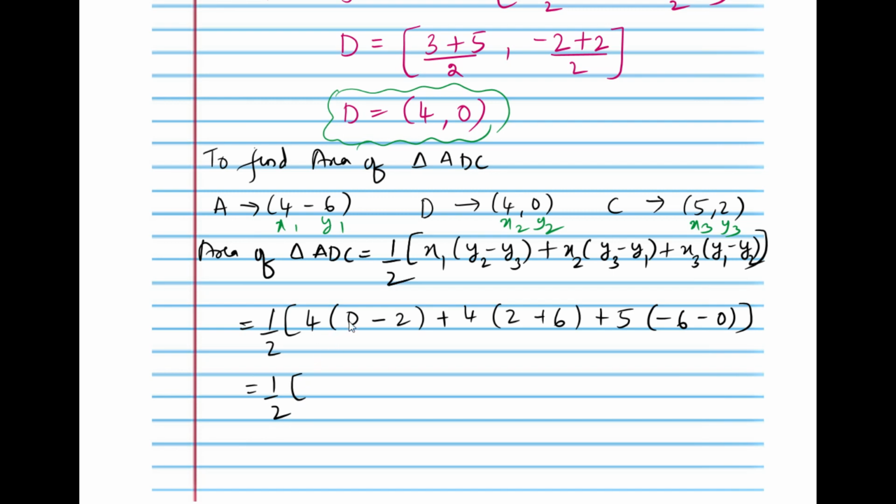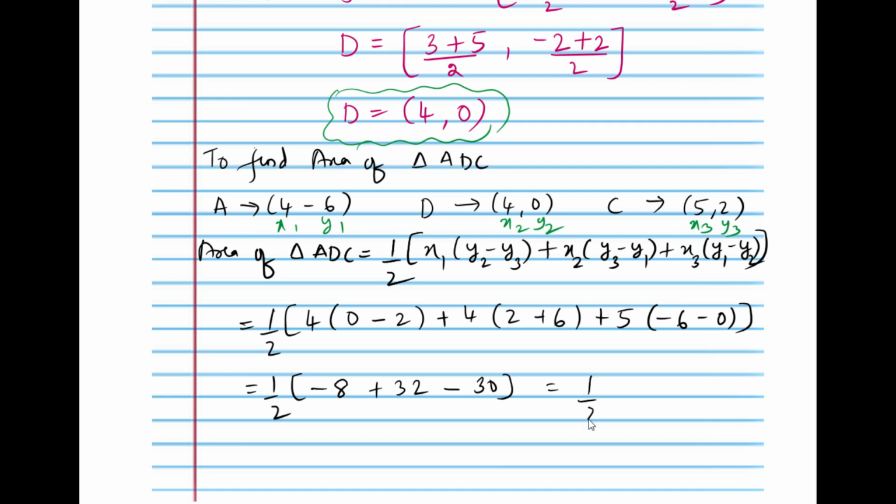Half into 0 minus 2 is minus 2, 4 into minus 2 is minus 8, 6 plus 2 is 8, 8 into 4 is 32, plus 5 into minus 6, that is minus 30.